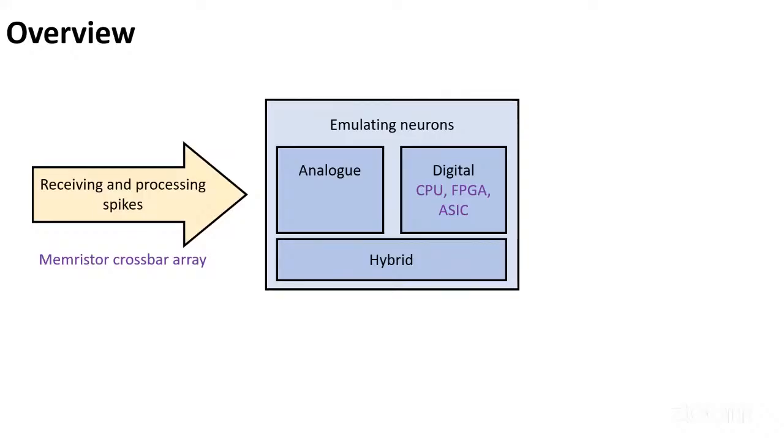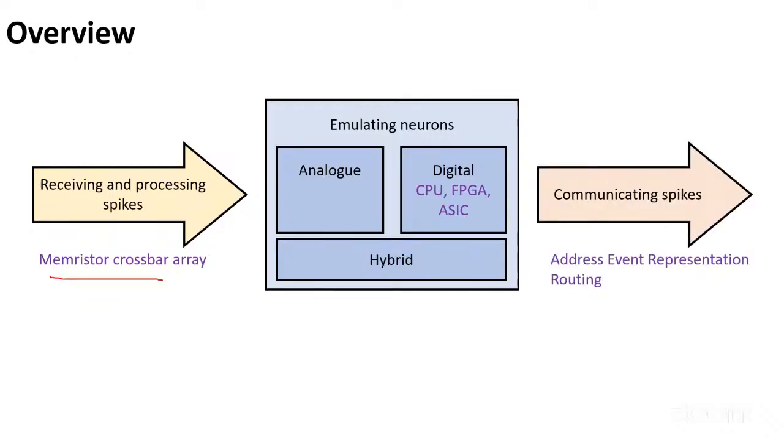Then we can perform by receiving spikes using a memristor crossbar array, and similarly we can communicate the spikes using different mechanisms. So this is how neuromorphic computing works in the physical realizations that have been done so far, but they are mostly done on RRAM based systems, resistive random access memory.